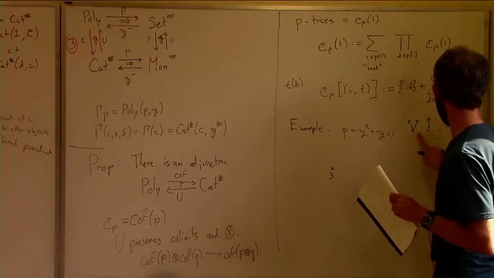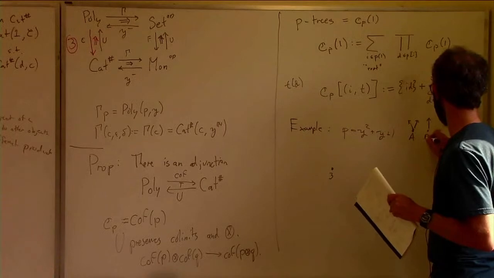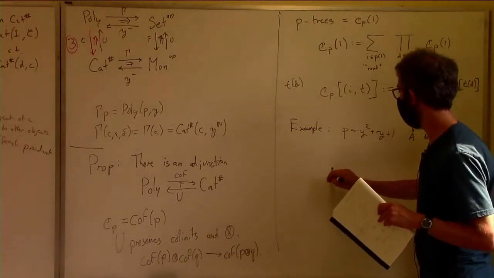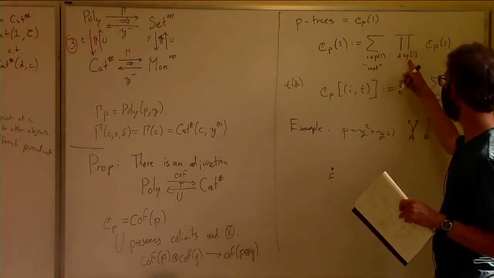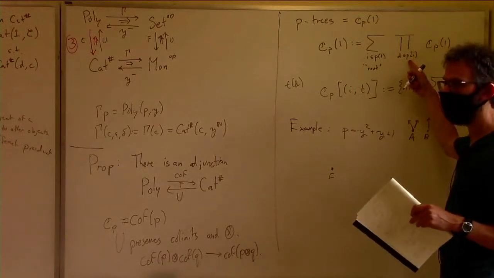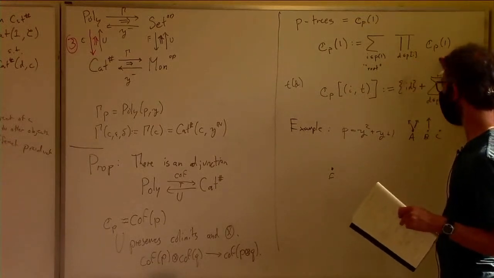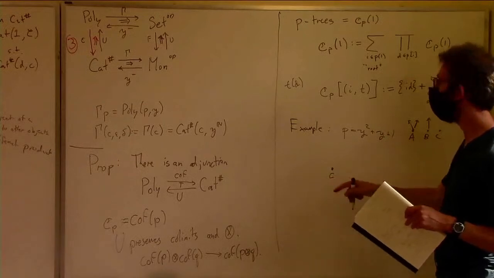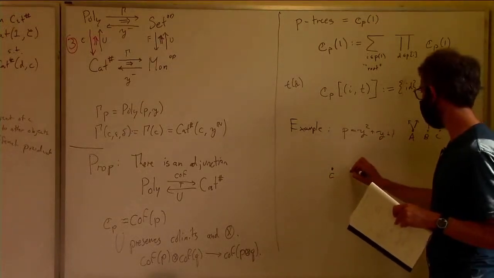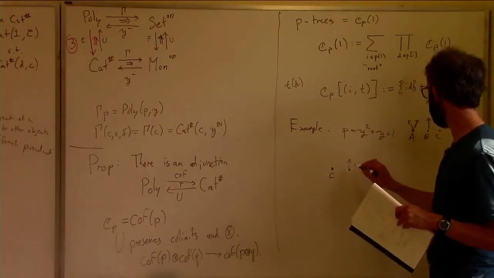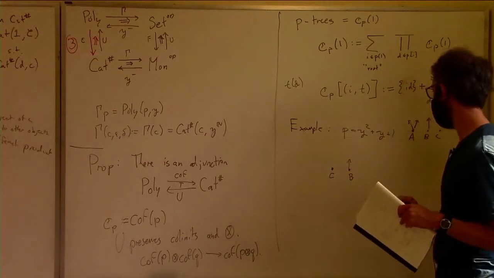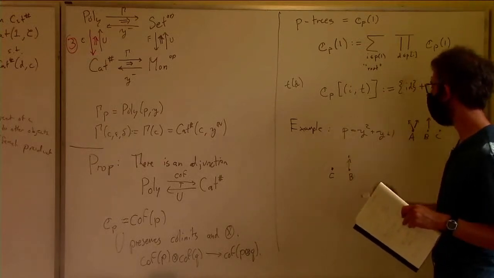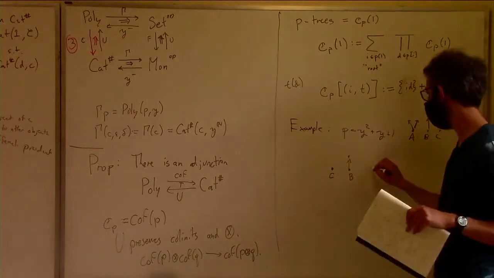I'll call them A, B, C, I guess. You could pick position C, and then for every direction out of it, well, there are none. So this is already a P tree. But so is this one. It starts in position B, and then for everything out, I pick a P tree, and that's an example.